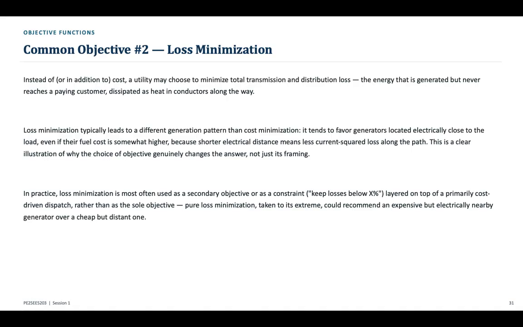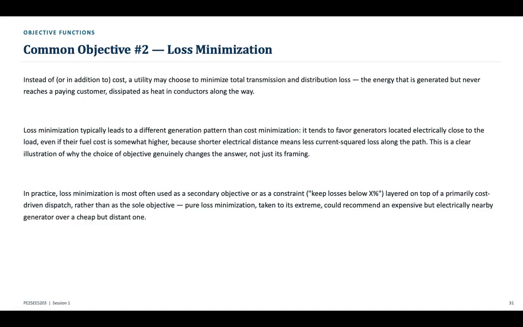Okay, so loss minimization typically leads to a different generation pattern than cost minimization. It tends to favor generators located electrically close to the load, even if their fuel cost is somewhat higher, because shorter electrical distance means less current squared along the path, that is I squared R loss.